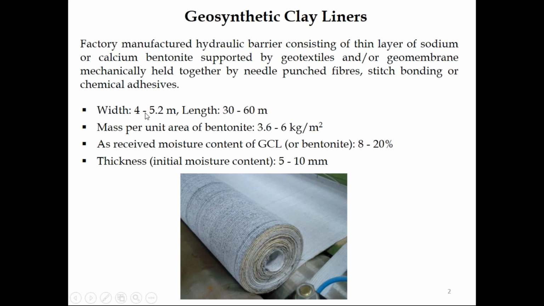Its width generally varies from 4 to 5.2 meter, length is 30 to 60 meter, and the mass per unit area of bentonite varies from 3.6 to 6 kg per meter square. The moisture content of GCL varies from 8 to 20%, and the thickness of GCL at initial moisture content varies from 5 to 10 mm.